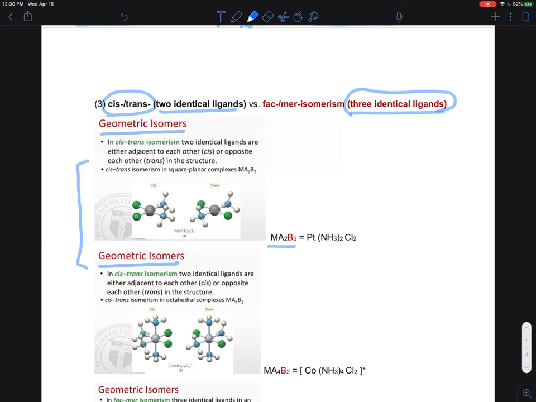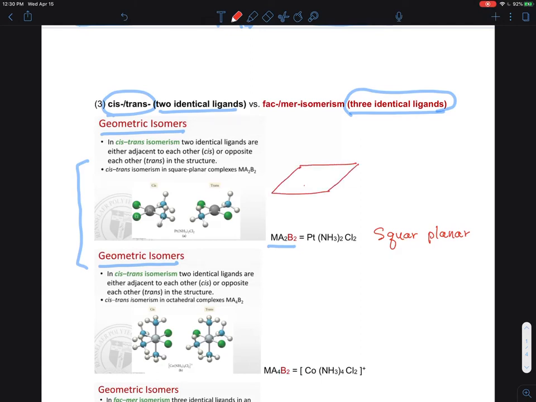You have a metal with 4 coordination, and that 4 coordination forms a square planar. When they form the square planar, it looks like this.